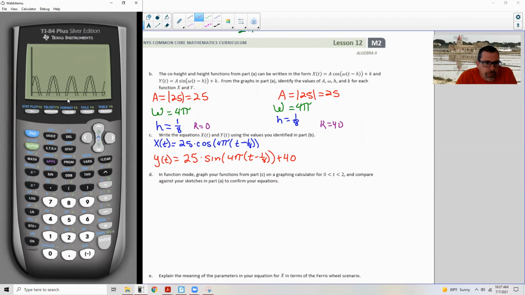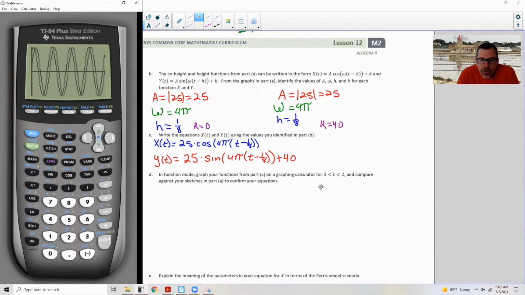So our window, if I trace this, the maximum is 25. So I want my window to go from y min negative 25 to maximum 25. That's our A. And now graph it. So there is 25 cosine 4 pi t minus an eighth, and this is 25 sine 4 pi t minus 1/8 plus 40. So there are the two graphs.